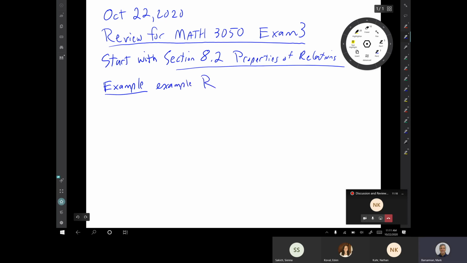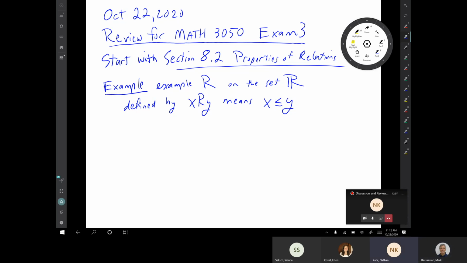So let's call our relation R on the set of real numbers, and let's define it this way. For that relation, who can help me out with its properties? Is it reflexive? Is it symmetric? Is it transitive? And how would we explain those things? Anybody have any idea about that?